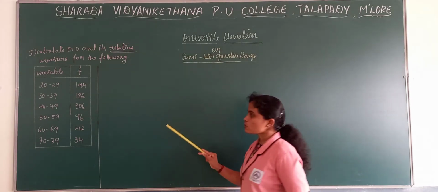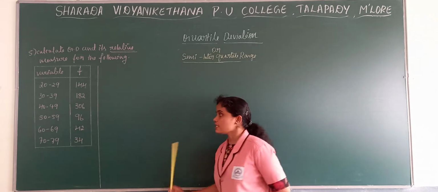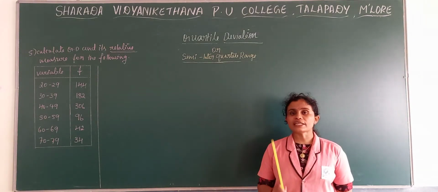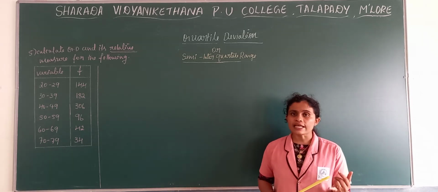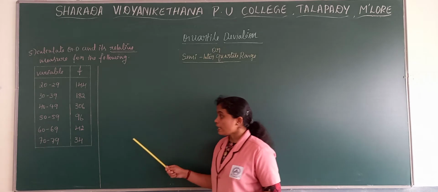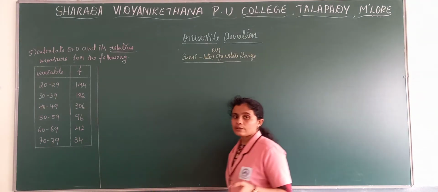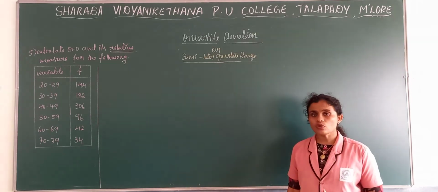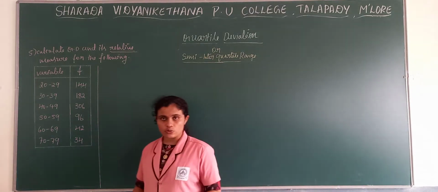When you get inclusive class intervals, you need to convert them into exclusive class intervals. Except only in arithmetic mean we are not converting. In all the rest of the cases, like median, mode, geometric mean, harmonic mean, and also in case of quartiles, where you get median type formulas, you have to convert from inclusive into exclusive form.